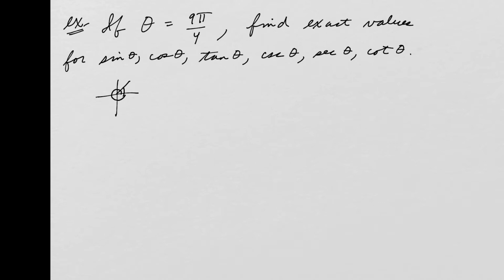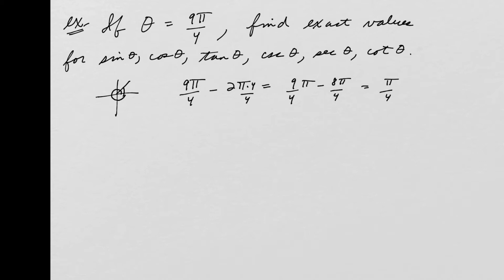To figure out exactly, you take 9 pi over 4 and subtract out 2 pi to see what's left over. 2 pi can be written as 8 pi over 4; I just multiply by 4 over 4 so I have the same denominator. Now if I subtract, I have pi over 4.